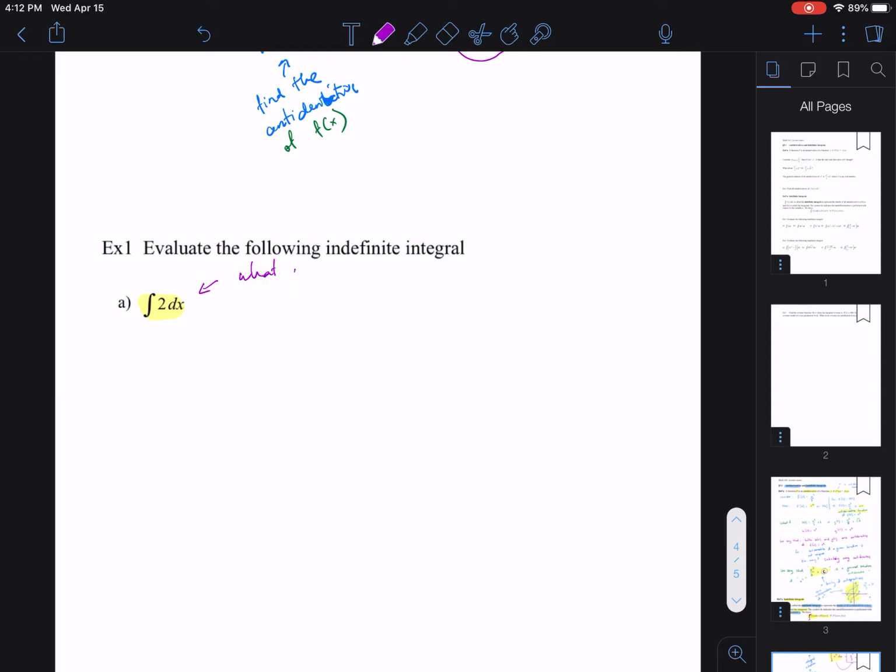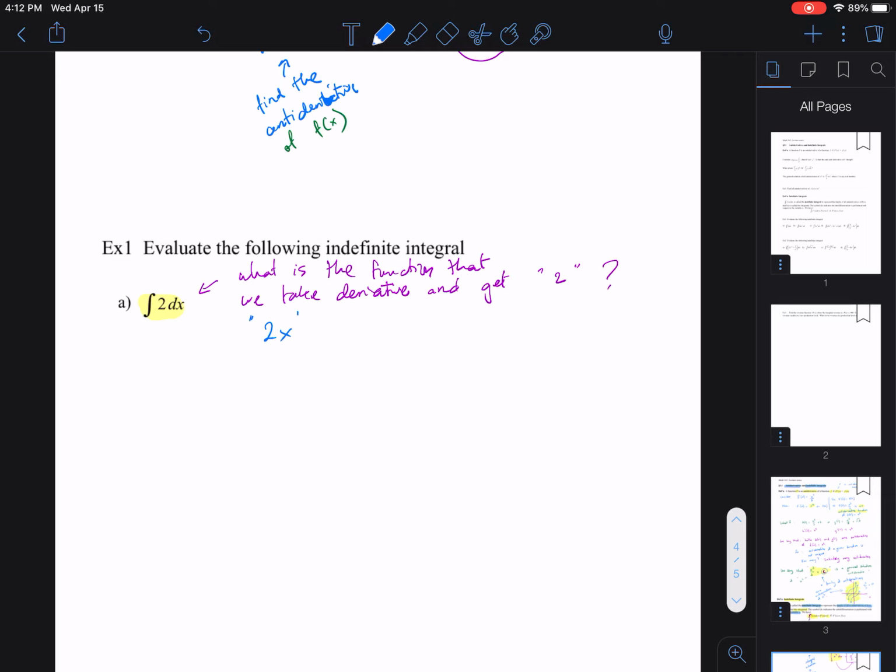what is the function that we take the derivative of and get 2? Well, we've done tons of those, and the one we're thinking about right now is 2x.